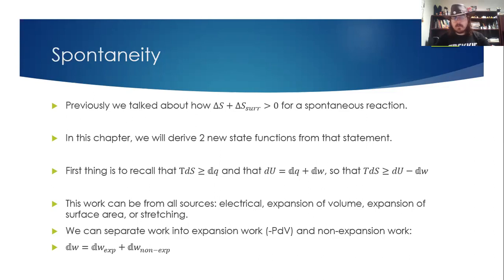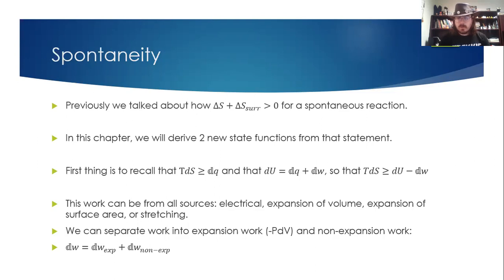So the first thing we need to remember is that the temperature times the changing entropy is greater than or equal to the changing heat. We already previously discussed that in class, and remember that the changing internal energy is equal to the changing heat and the changing work, the differentials of those two.